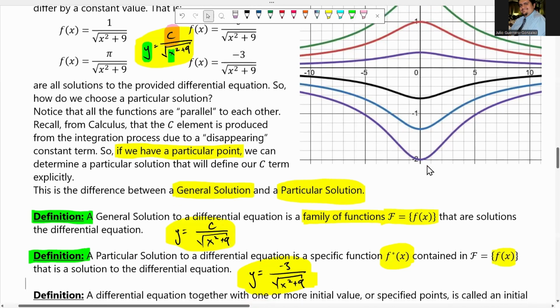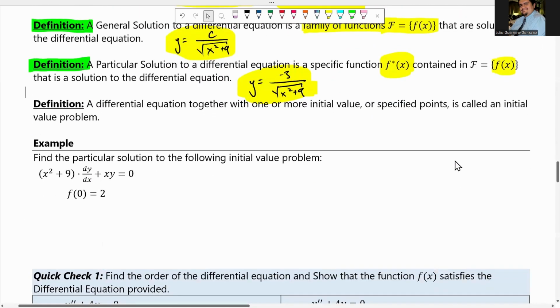So for example, find the particular solution to the following initial value problem. We have this equation already. We have the general solution for them. So our F collection is going to be all the functions C, and let me write it correctly, are these.